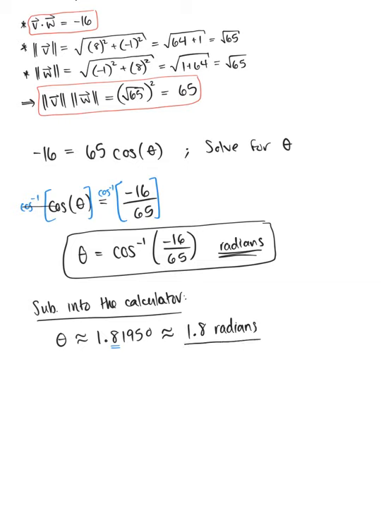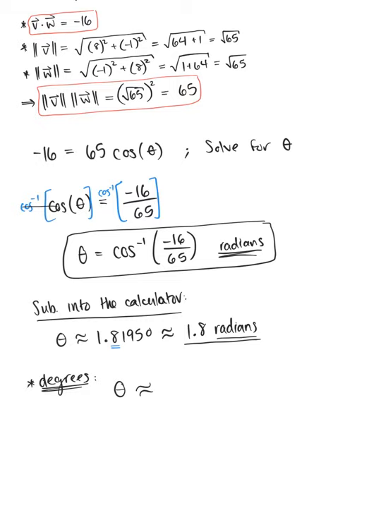So then just be mindful, is the question asking for your angle in radians, or is it asking for it in degrees? So let's say if it wanted our solution in degrees, right, we want to make sure to change the mode on our calculator.